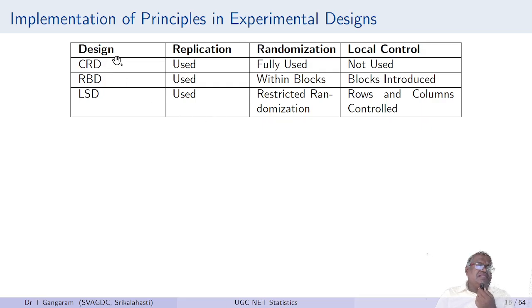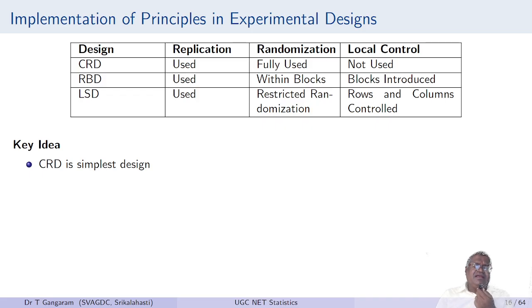In all these three basic designs, replication principles are used, whereas CRD does not use local control. In CRD, only two principles are used: replication and randomization.